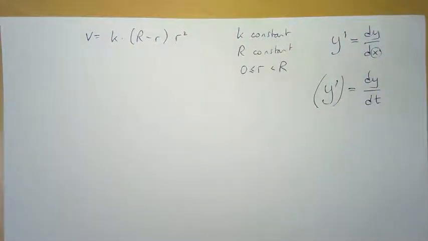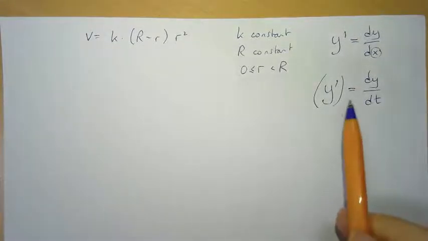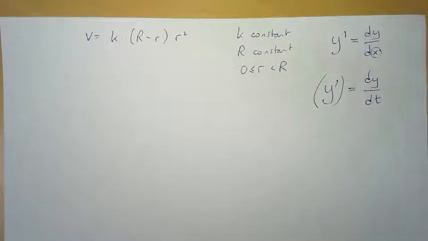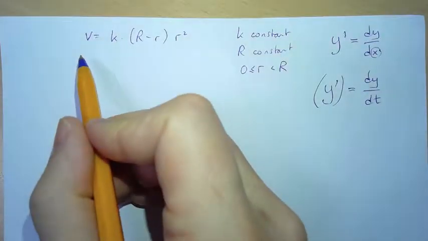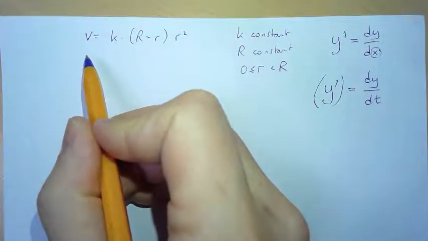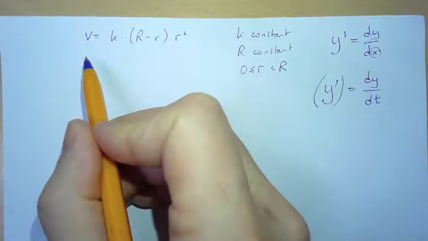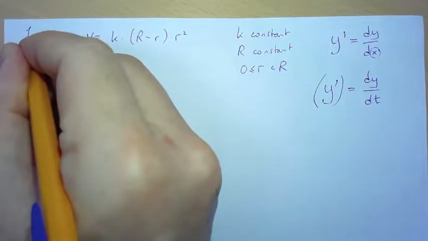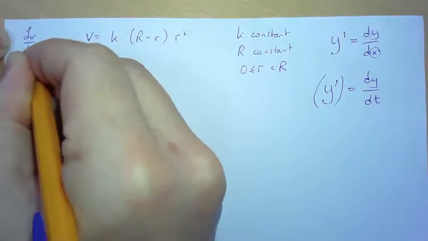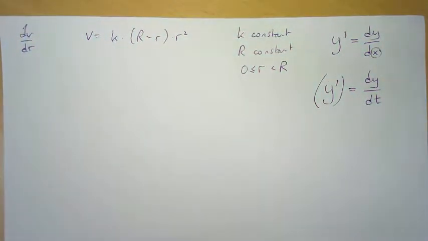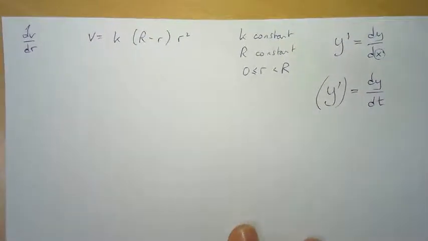But if it's absolutely unambiguous what you're differentiating with, you can use y prime all the time. Here, if we write v prime, it's completely unambiguous, so there's no problem, but we may want to talk about dv/dr just to be more specific, the derivative of v with respect to r.